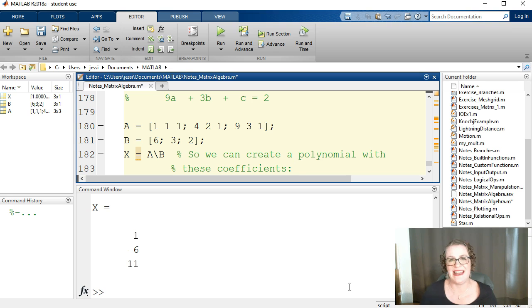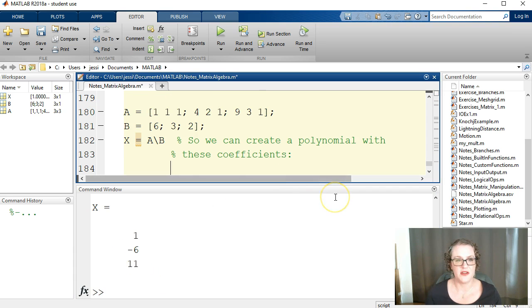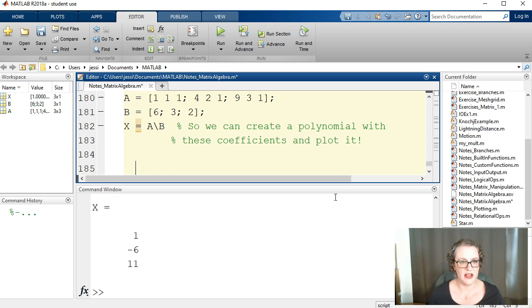Now I don't want to hard code that into the program. I don't want to use 1, -6, and 11. I want to use the first element of x as a reference, the second element of x, and the third element of x. So here's what we're going to do. I'm going to create and plot it. Let's create lowercase x to be all my x values in my graph that I'm about to do. We'll go from 0 to, well, let's go negative also.